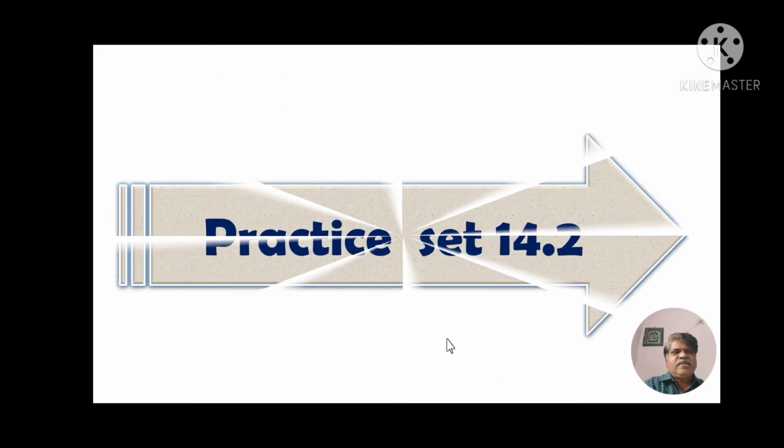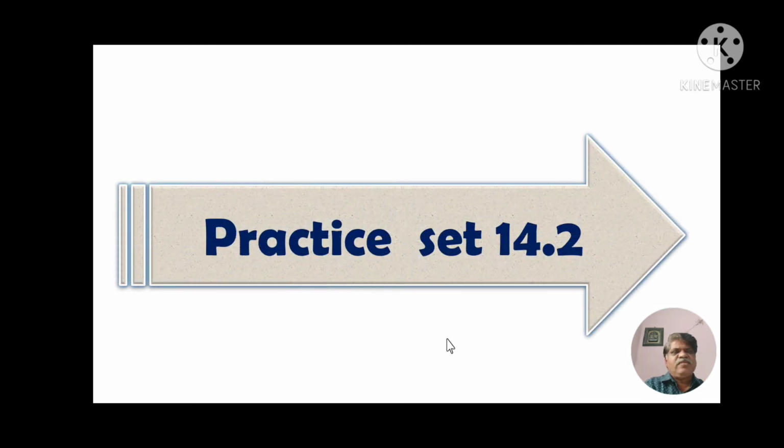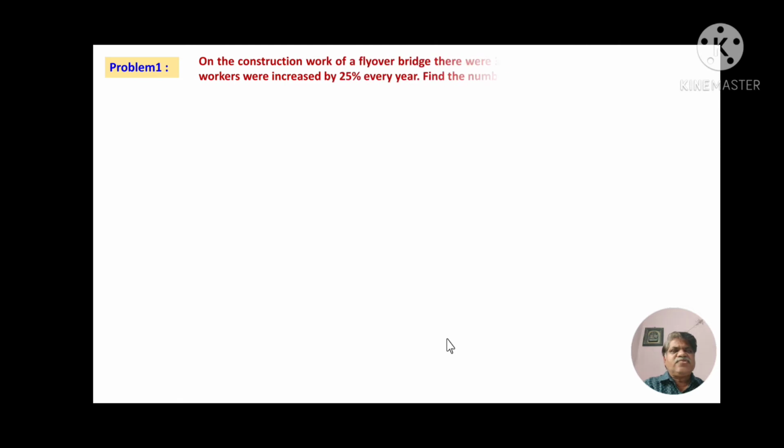Friends, let us now discuss a few problems from practice set 14.2. Problem number 1. On the construction work of a flyover bridge, there were 320 workers initially. The number of workers was increased by 25% every year. Find the number of workers after 2 years.